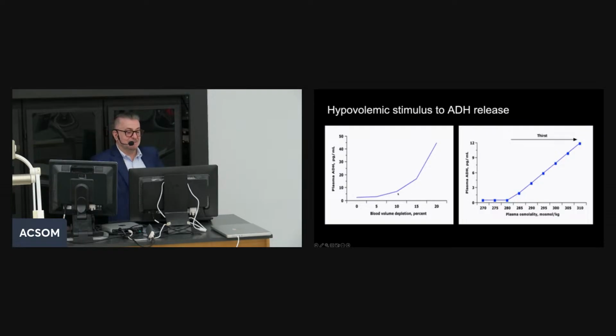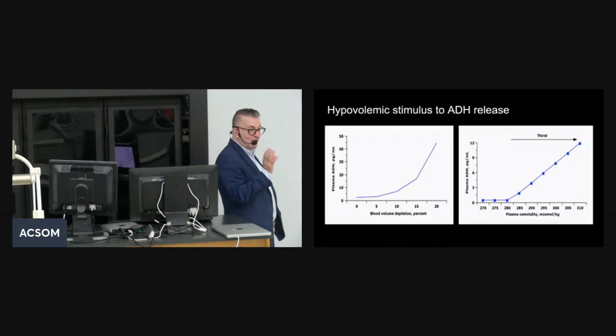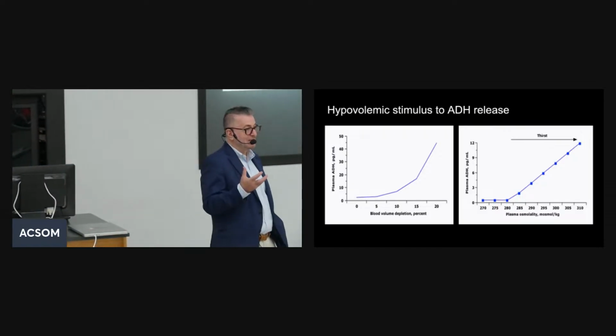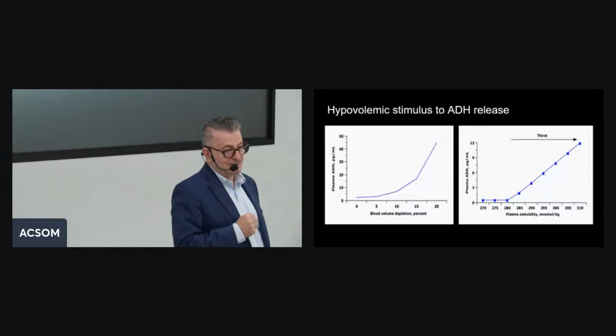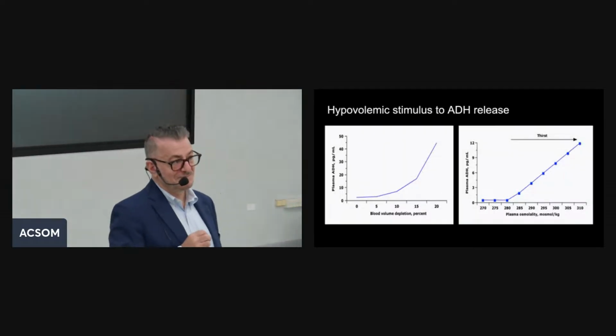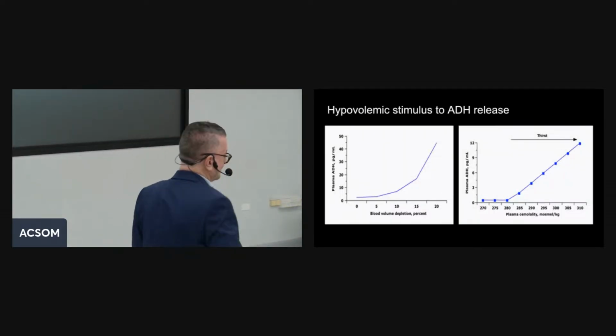When you lose about 10% of your body volume, which is not very active because 10% is a huge amount of blood loss before they really kick in. But at about 5 to 10%, the amount of ADH goes up. So these two stimuli, volume and osmolality, are important for ADH to kick in. Okay.